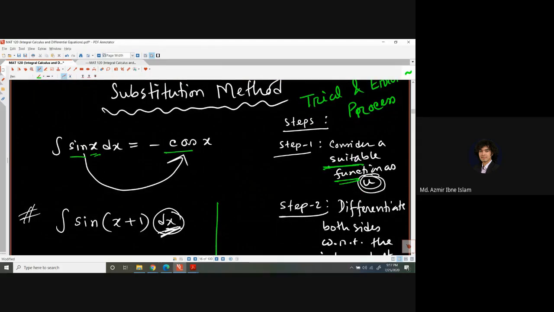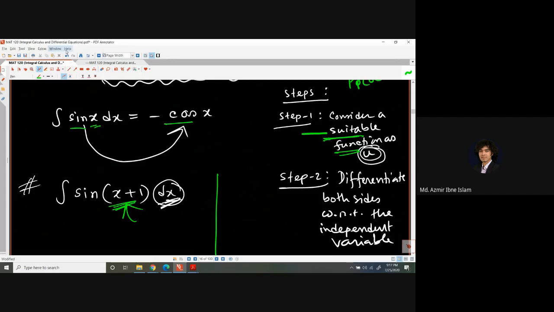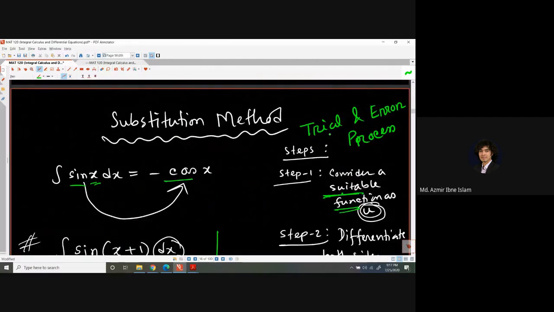Suitable means finally after differentiation, if we are able to convert all x to u, or the calculations are becoming easy, or we are getting directly a formula. So whatever consideration we have made in step 1, that function will be the suitable function. And if we don't have the suitable function, we can think about other functions. So it is a trial and error process. You will learn by making mistakes.